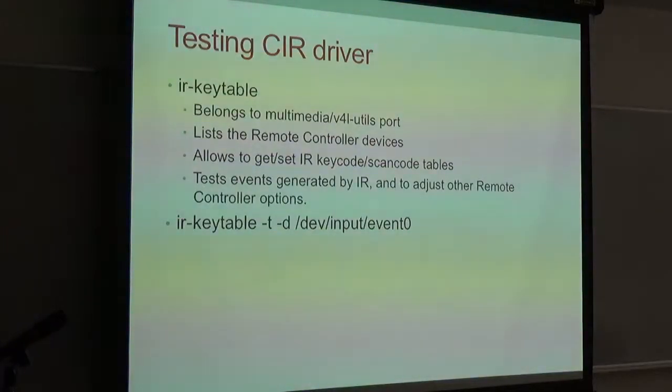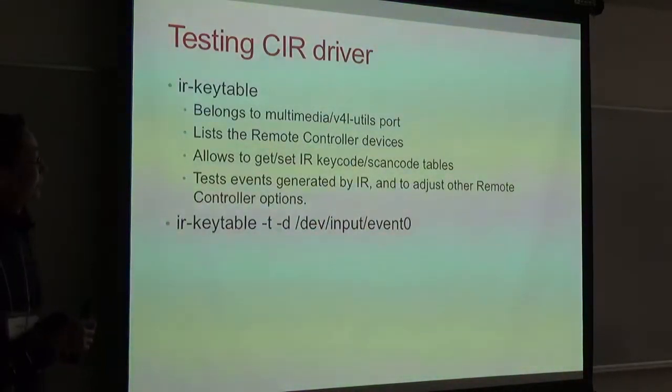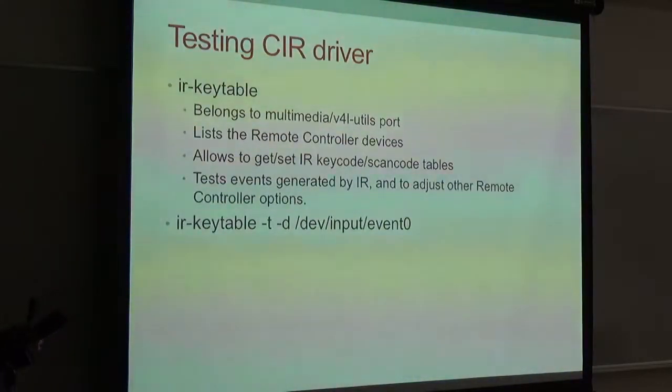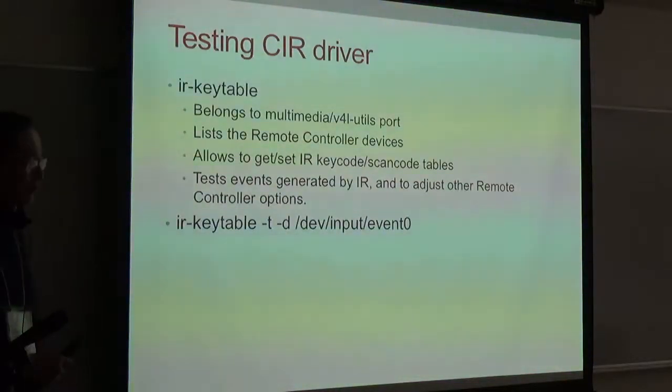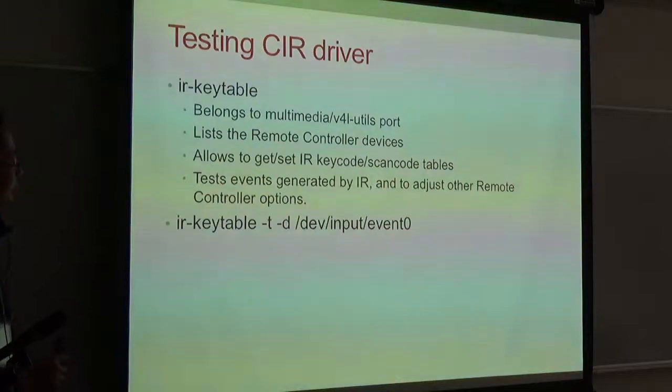There is also one tool from the multimedia V4L utils. This is ir-keytable. Again, it can list remote controller devices and allows you to get and set IR key code and scan code tables. It can test events generated by IR and adjust other remote controller options.